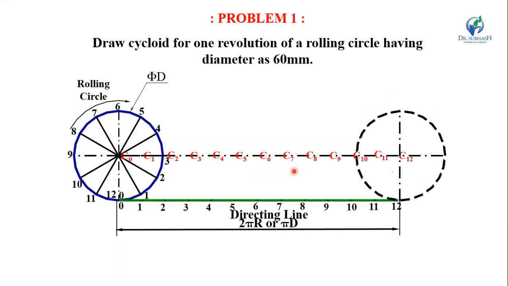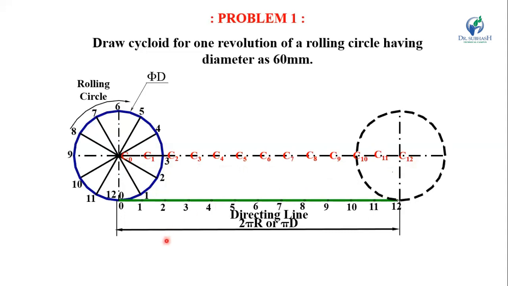Now when this circle rolls 1/12 of a revolution, the center C0 will reach C1, and point 1 of this circle will match with point 1 on the directing line. Similarly, if it rolls 2/12, the center C0 will reach C2, and so on, until the center reaches C12.